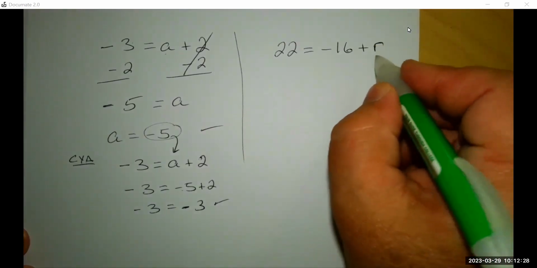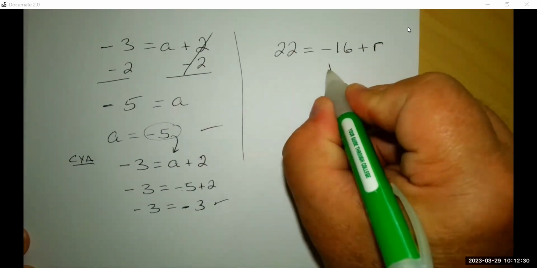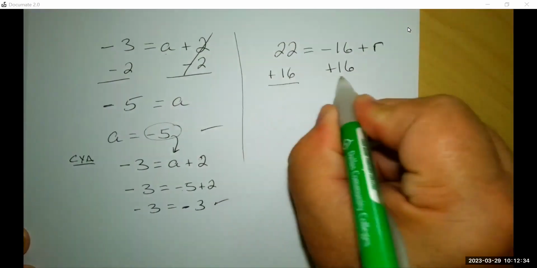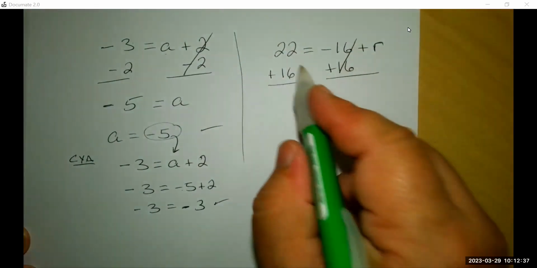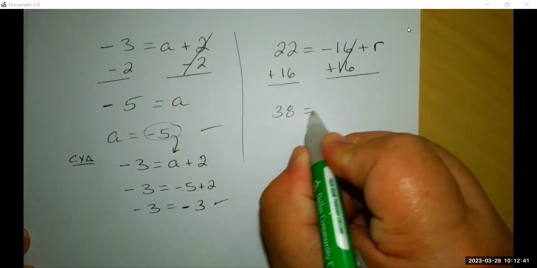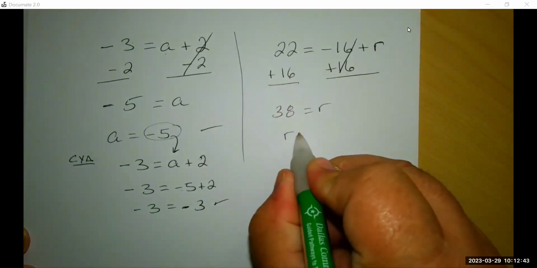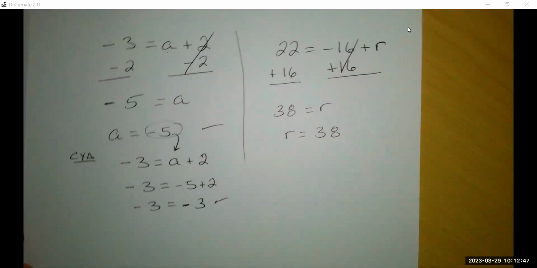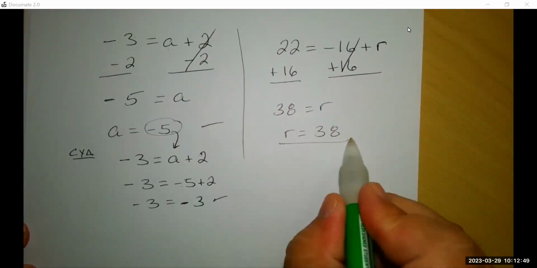Again, the variable is R, so we have to get rid of negative 16 by adding 16 to both sides. So this is both positive. 38 equals R. R equals 38.